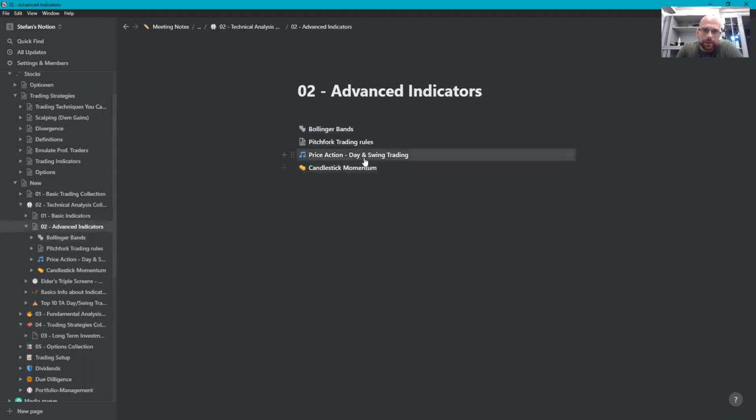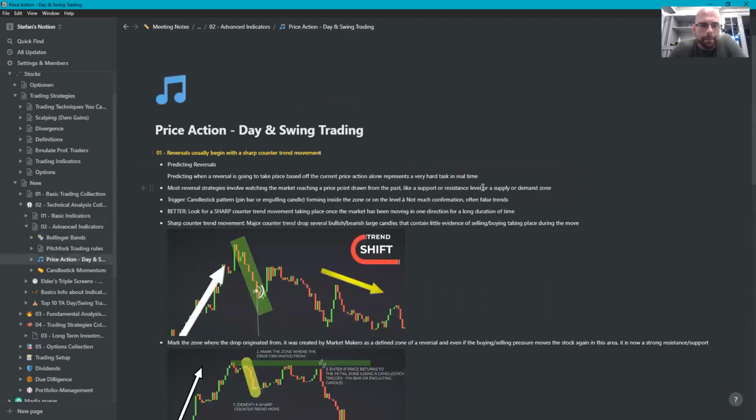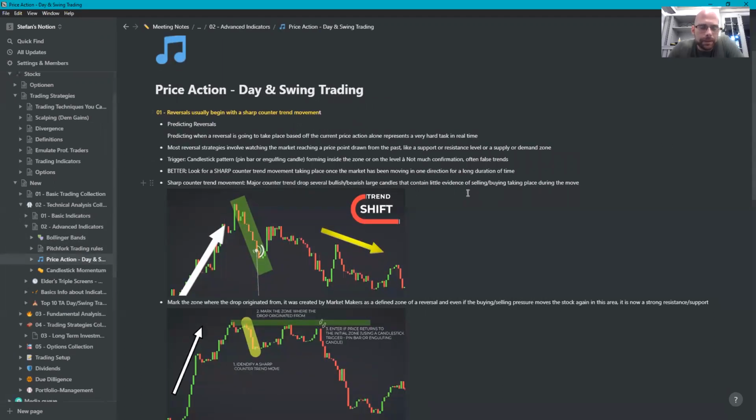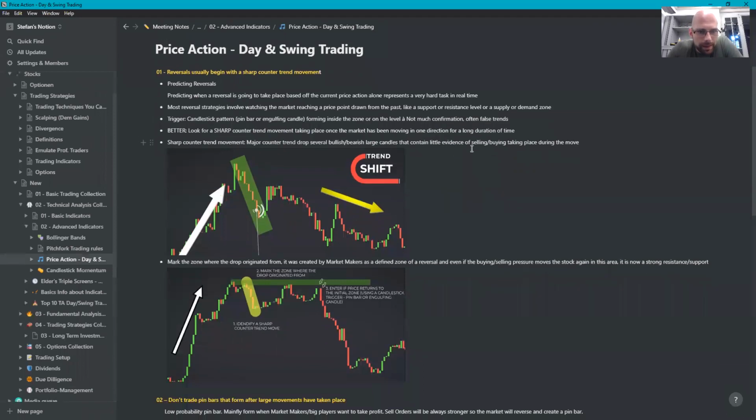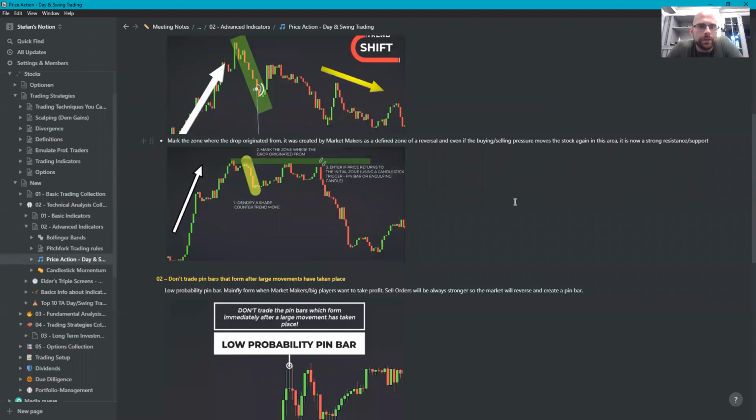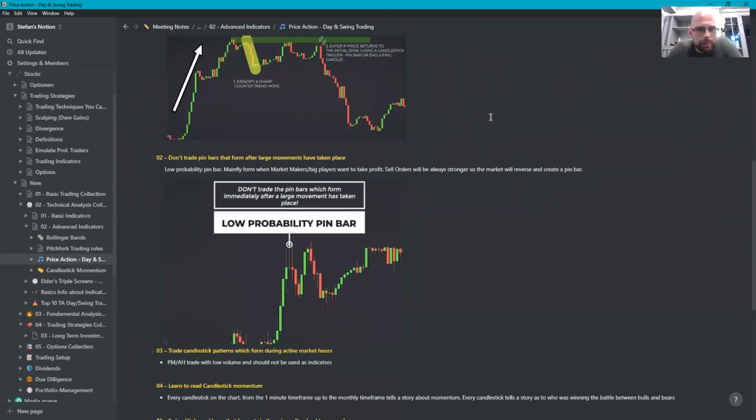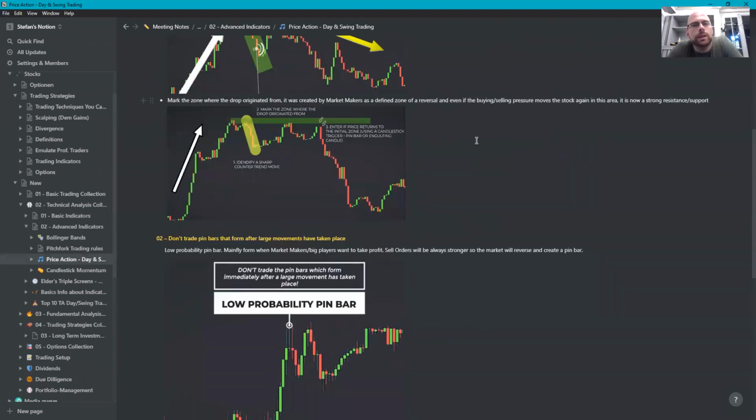So the notion is about price action, day and swing trading tips, and these are two points, there are more, where you can see a possible supply or demand area inside a candlestick chart.